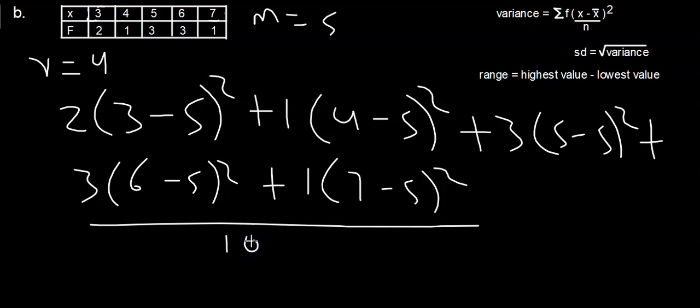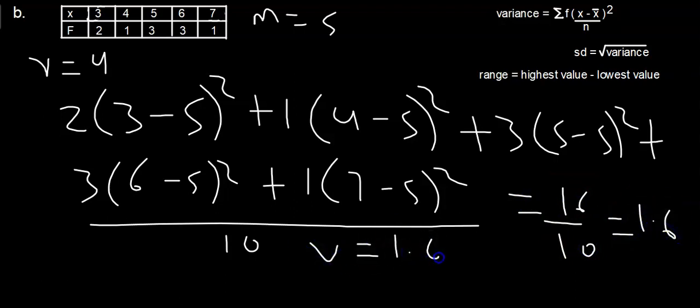When you subtract and multiply this whole thing, you're gonna get 16 over 10. So 16 over 10 is 1.6. So the variance will be 1.6, and the standard deviation will be the square root of variance, which is the square root of 1.6. So this is all you have to do when you encounter this ungrouped data.